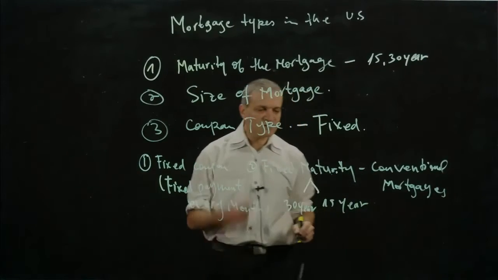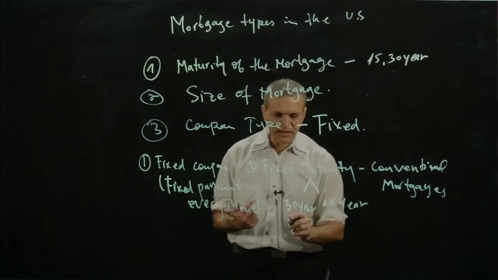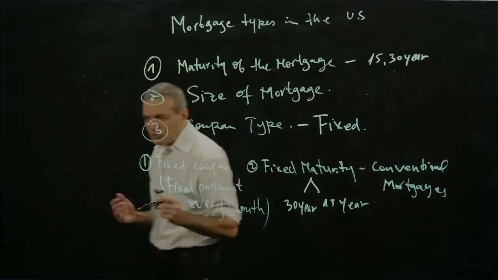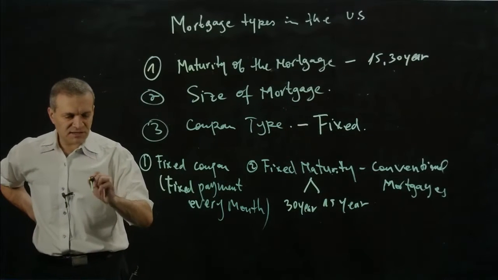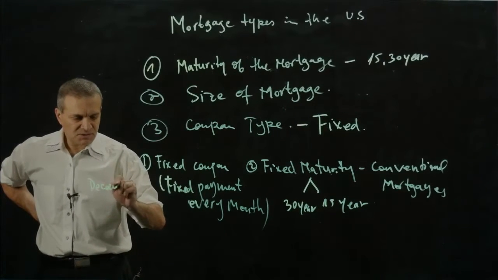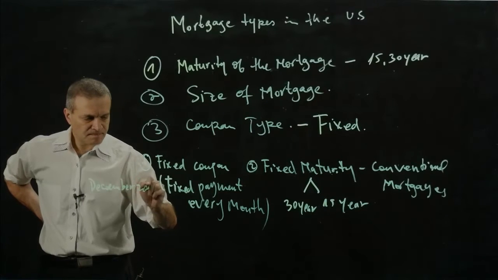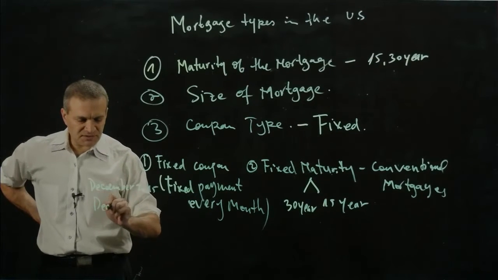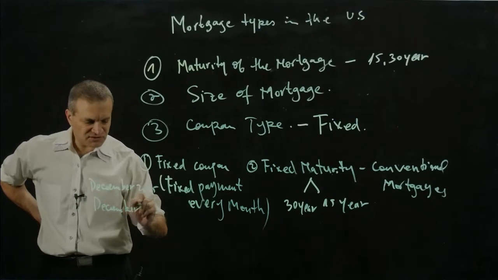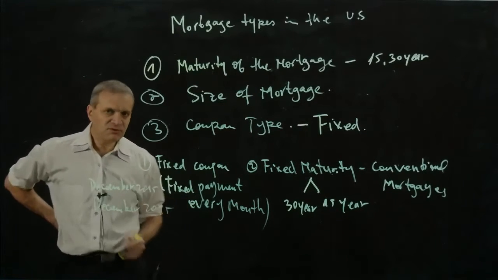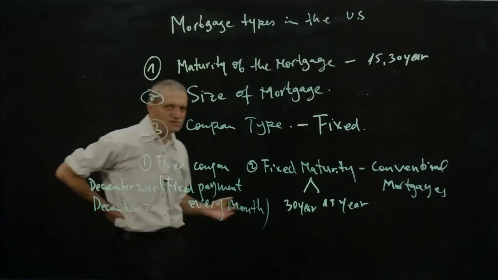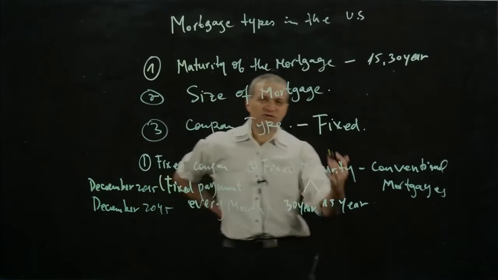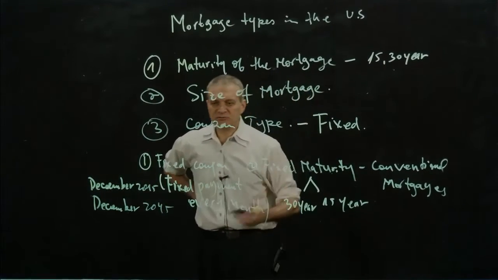Now, a 30-year mortgage means that if you are getting a mortgage now in December 2015, the last payment of your mortgage will be in December 2045. If you are a young person, let's say you're 30, in 30 years it's going to be close to retirement.